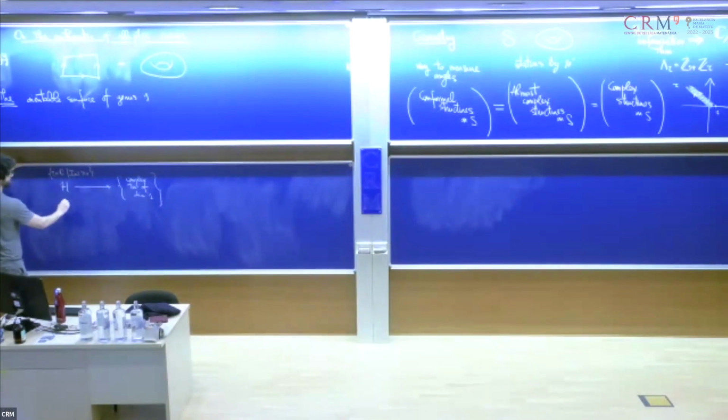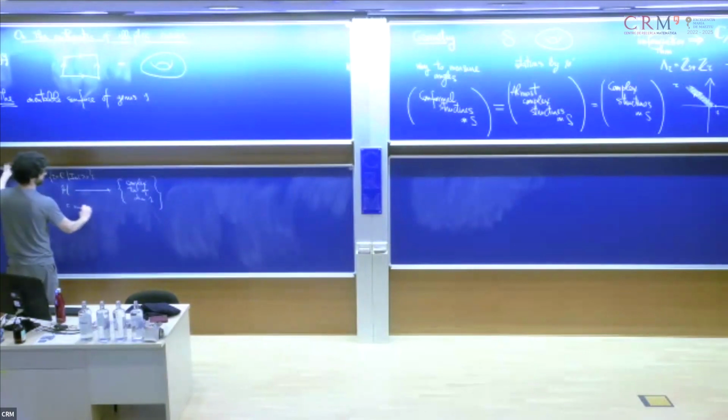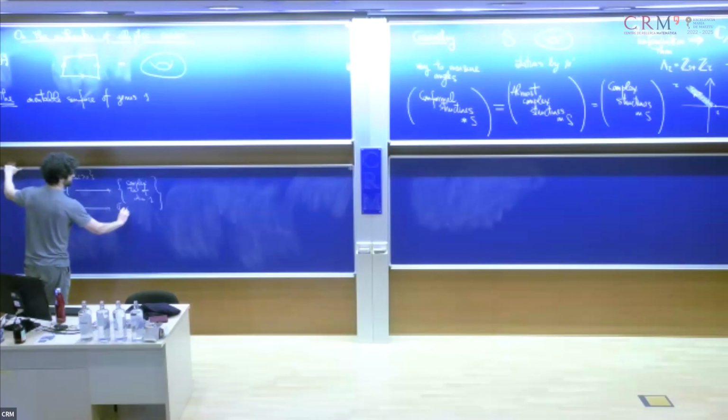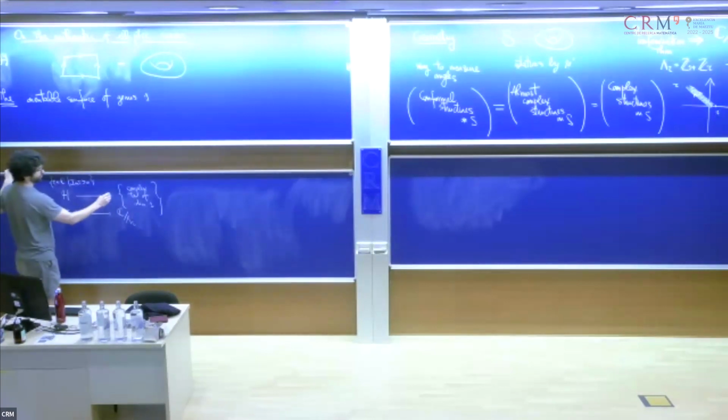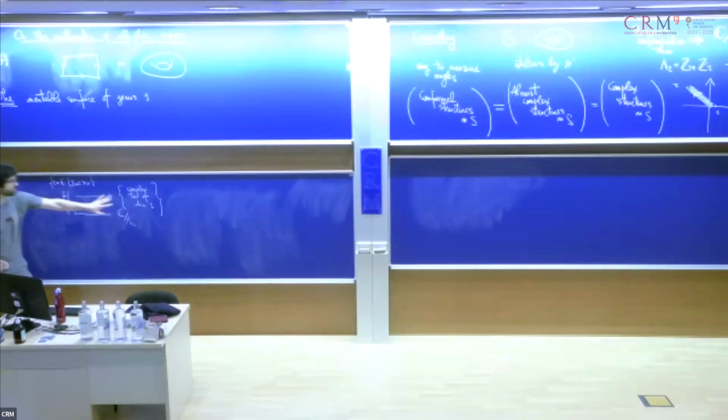This map takes a tau here and produces the torus C modulo Lambda tau. This map, from what I just told you, is surjective, so any such complex torus can be written in this form.